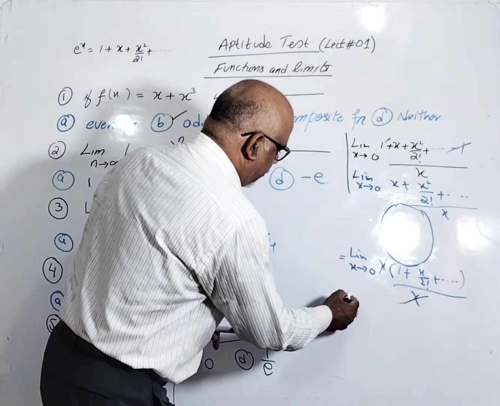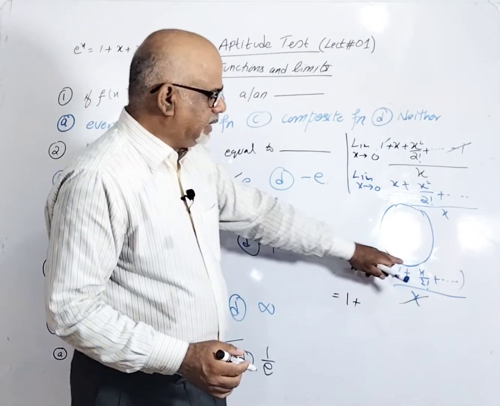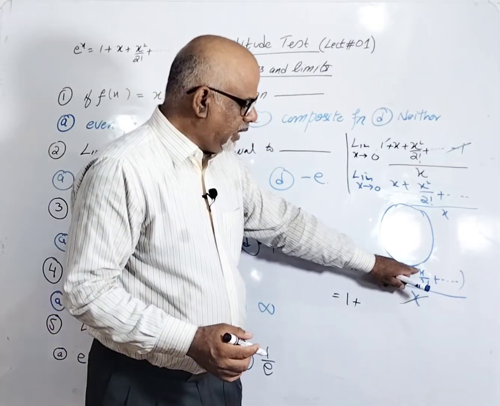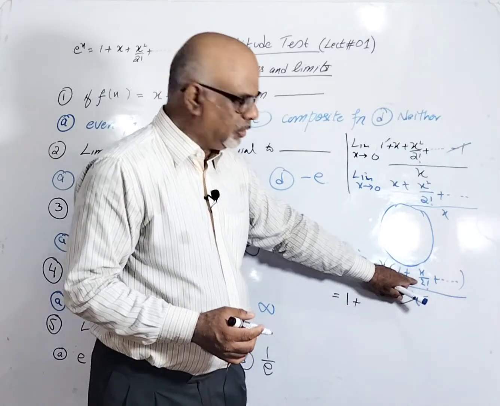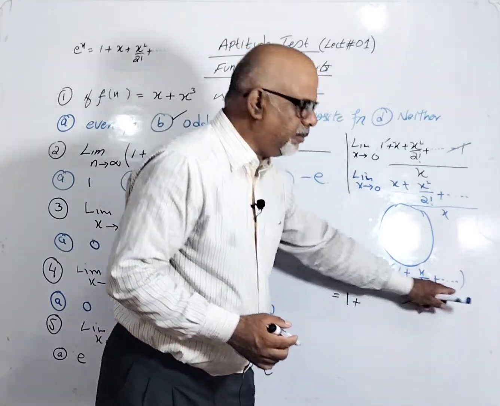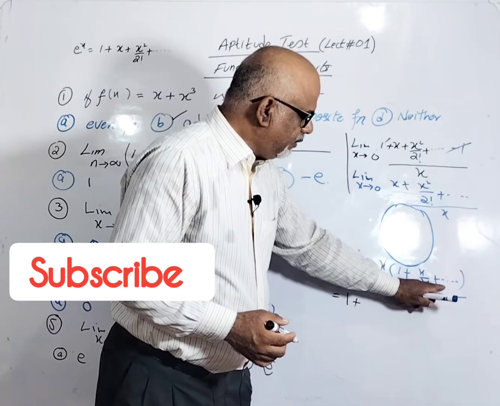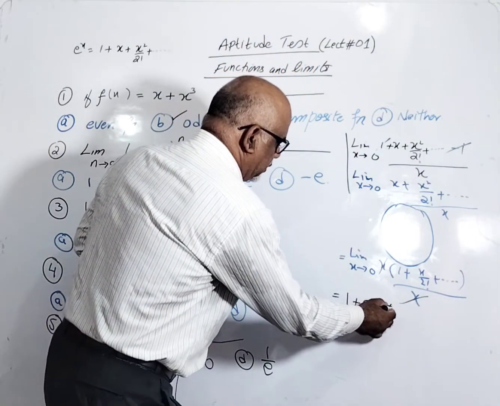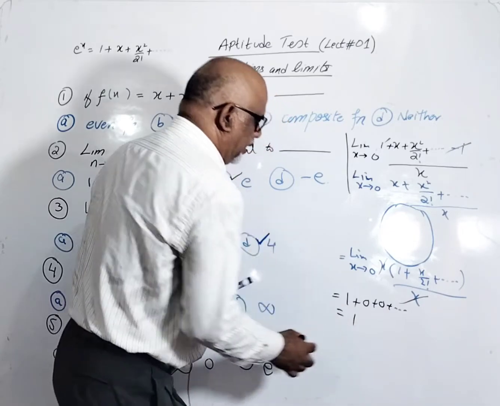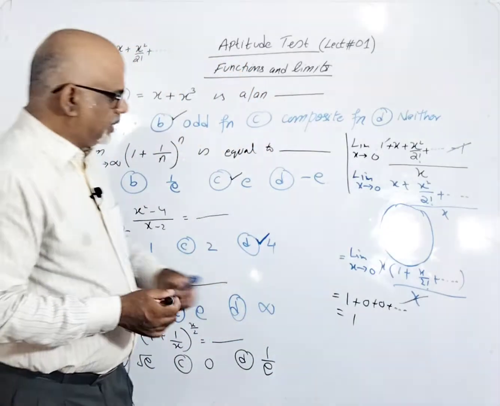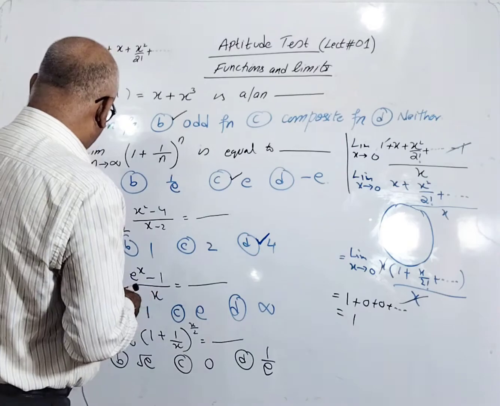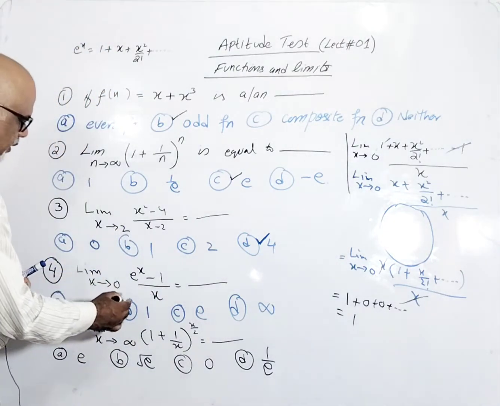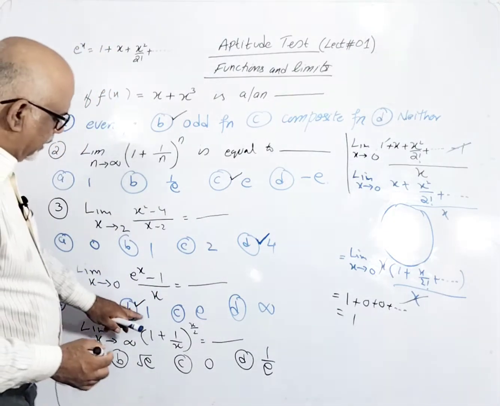So when we apply the limit, this is 1 and this is x upon 2 factorial, 0 upon 2 factorial means 0, and the remaining all terms become 0 because everywhere we have x here. So that is 0 plus 0 and so on. So our result is 1. So the correct option of the fourth MCQ is B, that is 1.